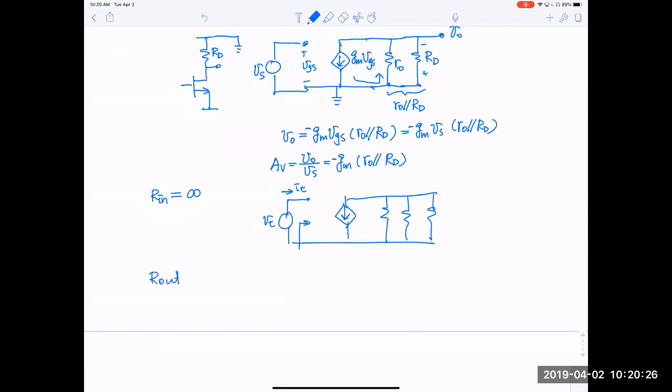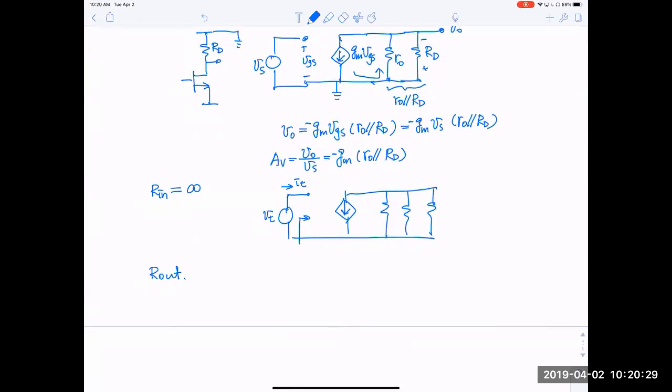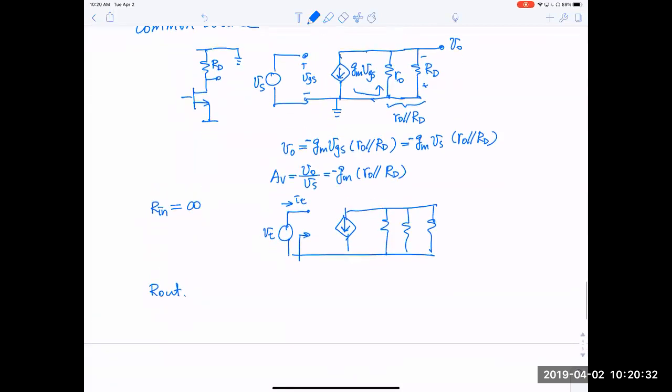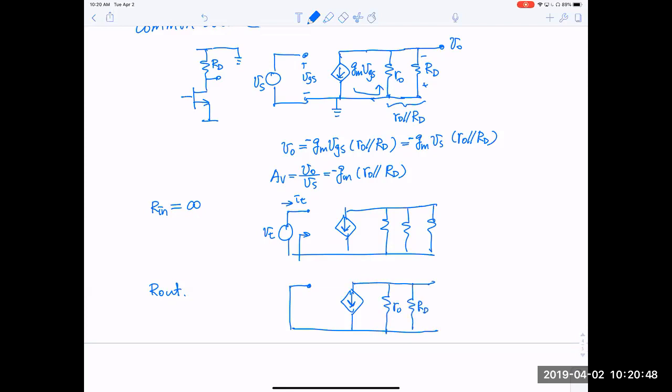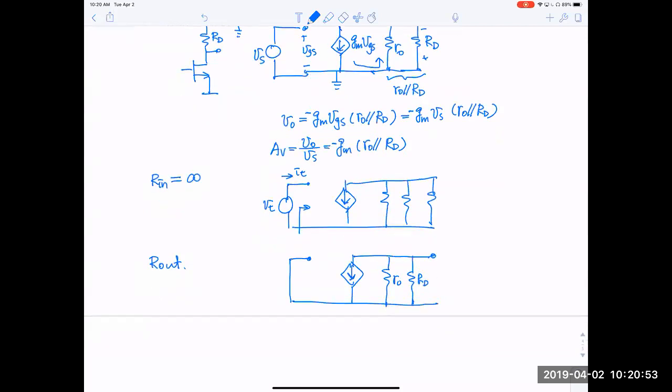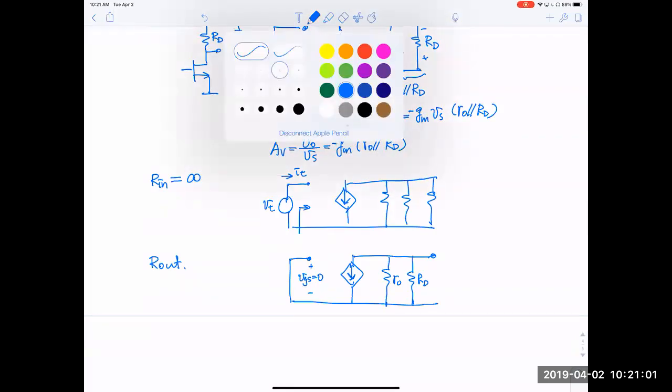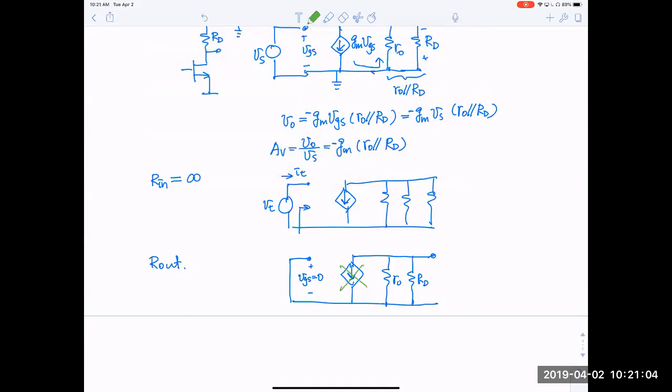So what about Rout? For Rout, we look at this. We ground VS. So this is grounded now, and we have r0 and we have RD, but we don't include RL. Now VGS is equal to 0, so basically there's no current source here.